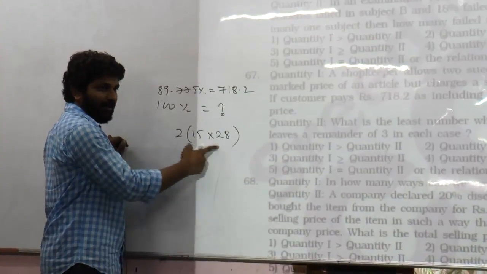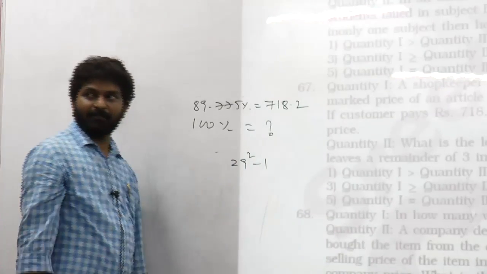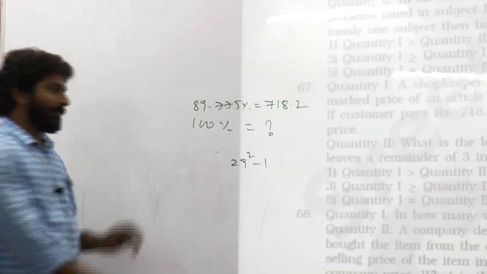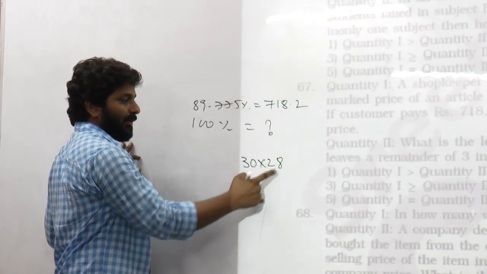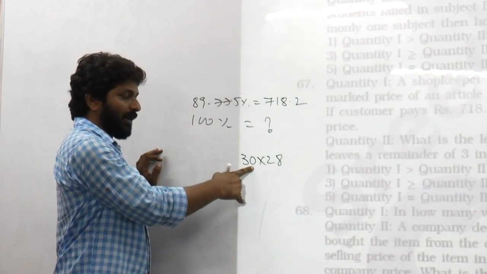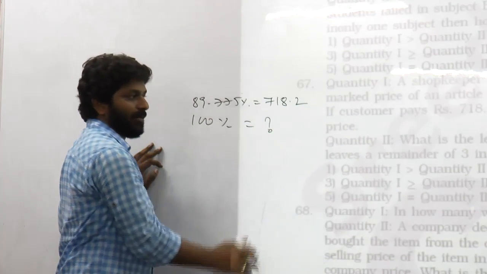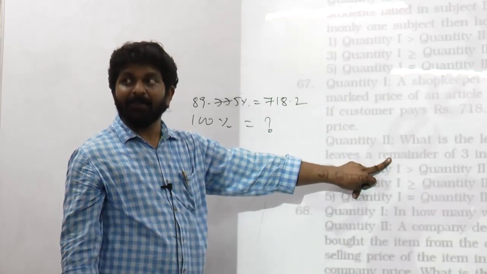So LCM becomes 2 into 15 into 28. 30 into 28. 29 square minus 1. Okay. 30 into 28: 28 three times is 84, and then 0. 840. LCM is 840. But you are expecting remainder 3.